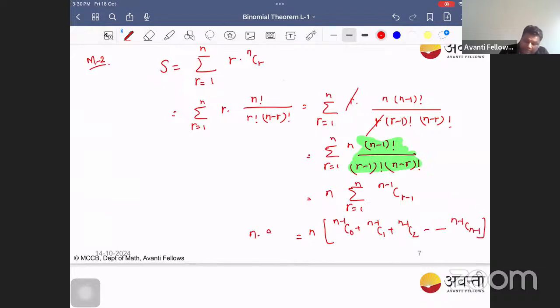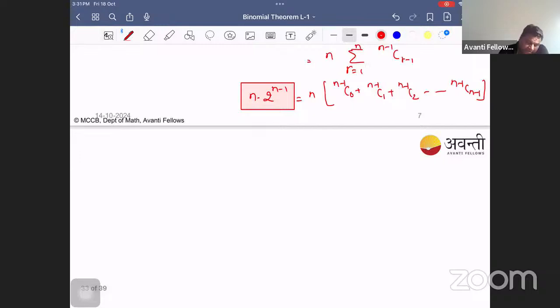So this will be what? n times 2 to the power n minus 1. Have a look. See, every method has a limitation. This method might not be applicable in the next question. Got it? Am I clear? Now go for method 3.